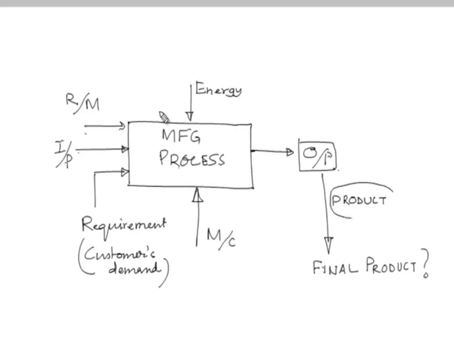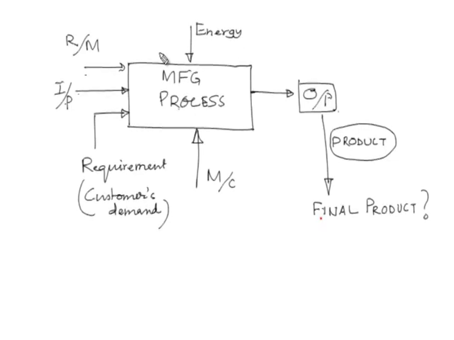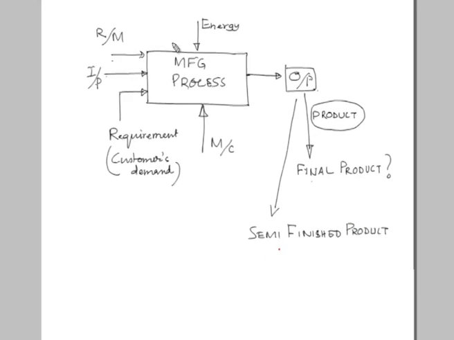No doubt this is a product, may be a tangible product, may be an intangible product, it does not matter. But at this stage I should make it clear that this product need not necessarily be a final product. It could as well be a semi finished product which will go through again.